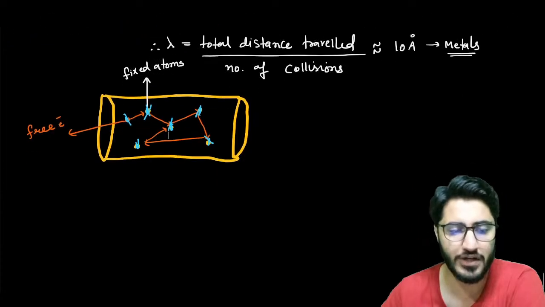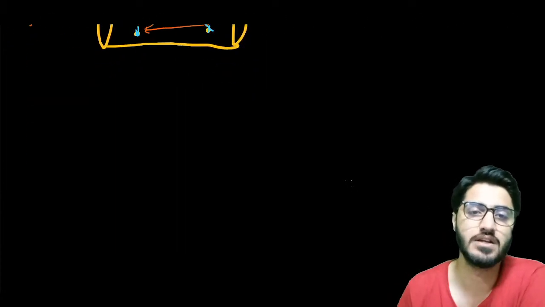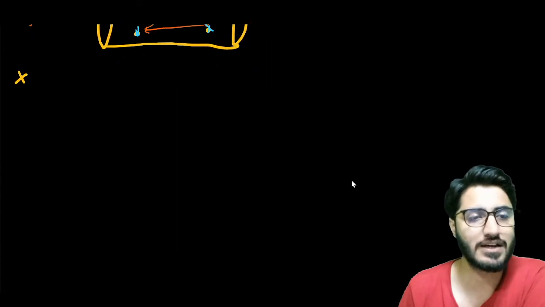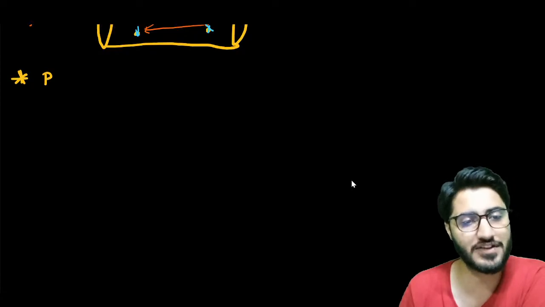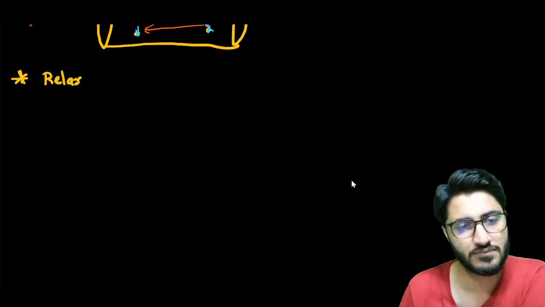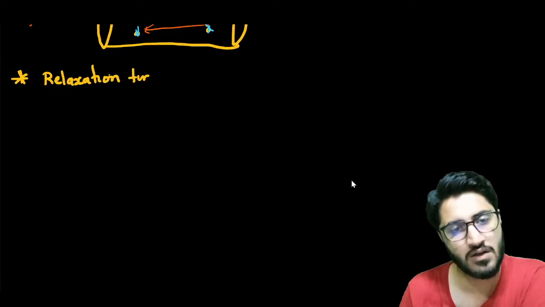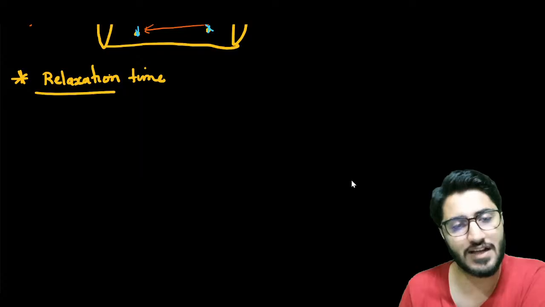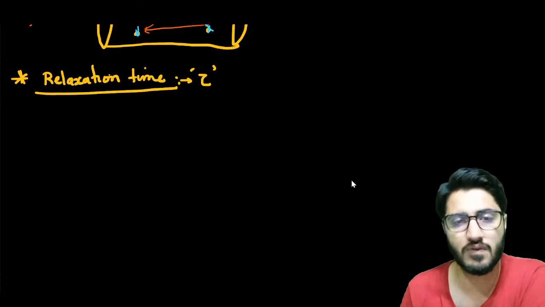Look now. The second point is relaxation time. Next point would be relaxation time. And relaxation time is denoted with the symbol tau. Okay.